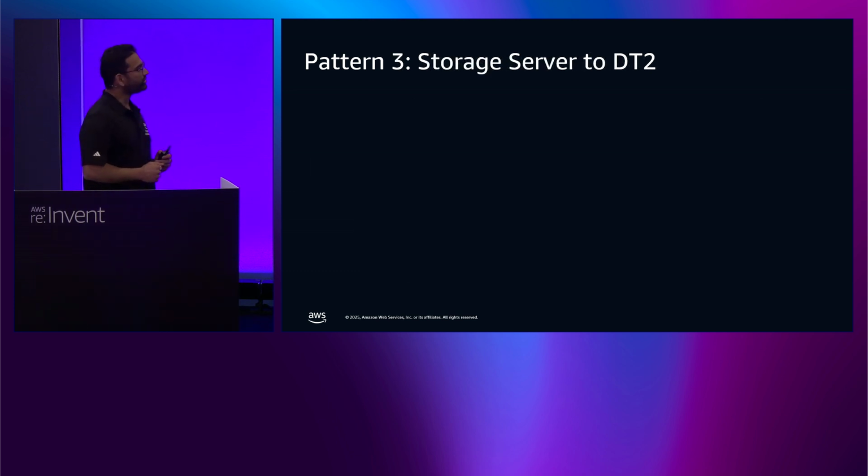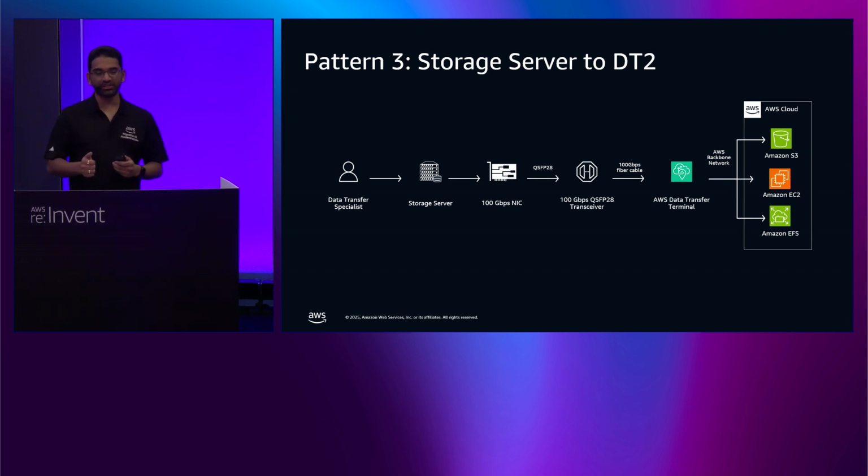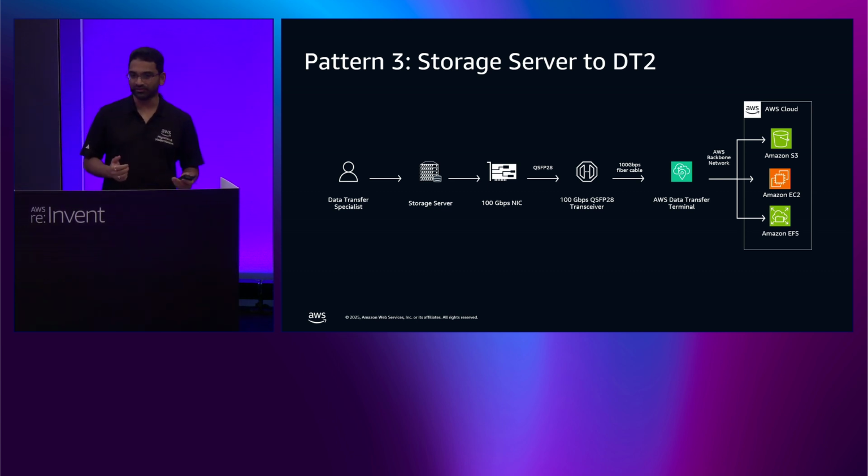The third pattern is that we've seen customers bring a storage server and copy their data onto AWS using Data Transfer Terminal. In this scenario, they're able to transfer data in hundreds of terabytes all the way up to petabytes, right? And also utilize the bandwidth that is available to them.